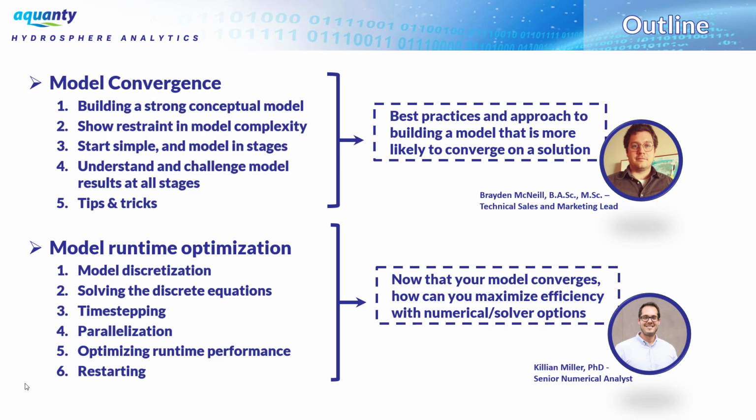I'll also try and include a number of basic tips and tricks and highlight key commands that users can use to improve their experience. In the second half of the webinar today, Dr. Killian Miller will be talking about optimizing the numerical solvers and commands and approaches to optimizing the numerical side of actually solving HydroGeoSphere models to try and squeeze every bit of performance that we can out of every model.